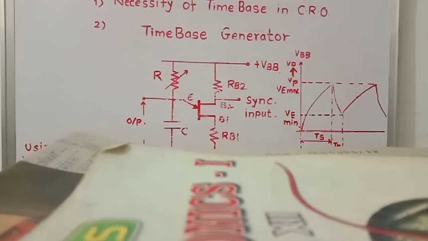Then again, when the voltage across the capacitor falls, the capacitor C starts charging exponentially again.